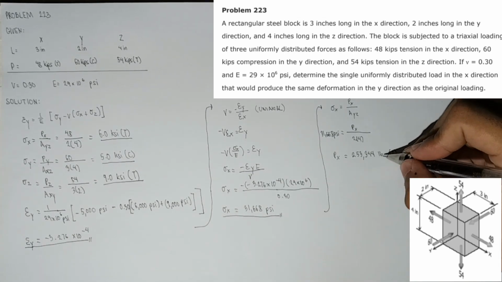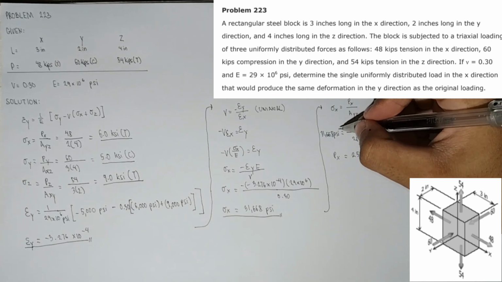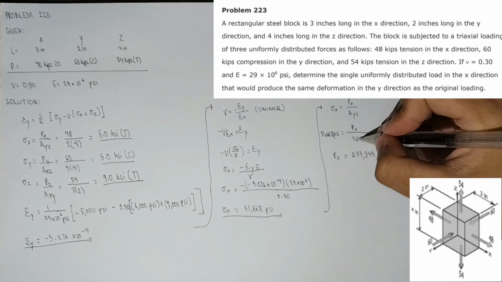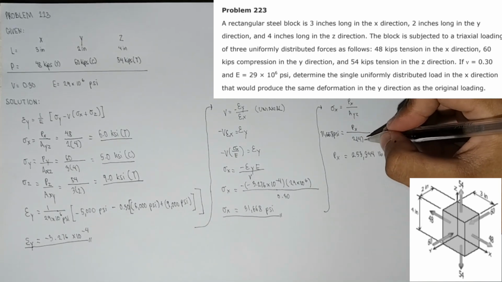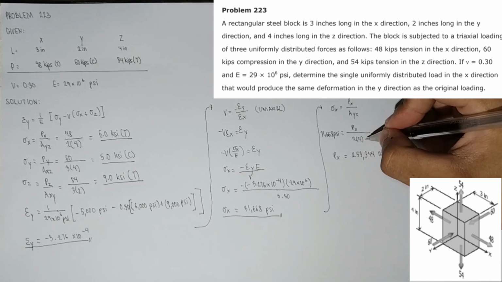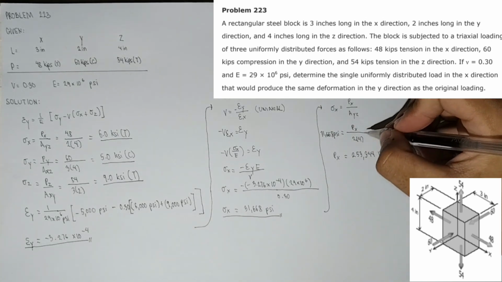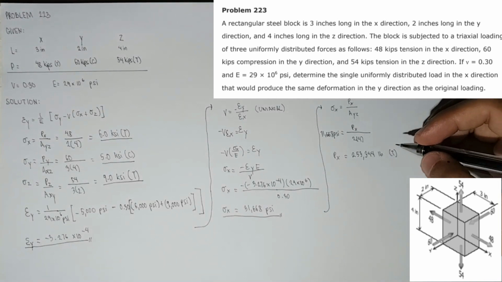The unit, guys, here is pound, because here we have PSI, pound per inch squared, and in the area the result would be inches squared. Once you multiply inches squared by pound per inch squared, the inch squared will be cancelled, so the remaining unit would be pound.